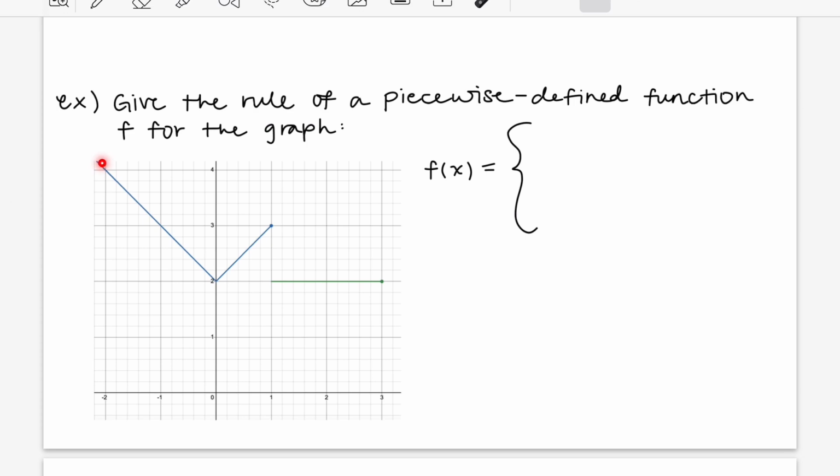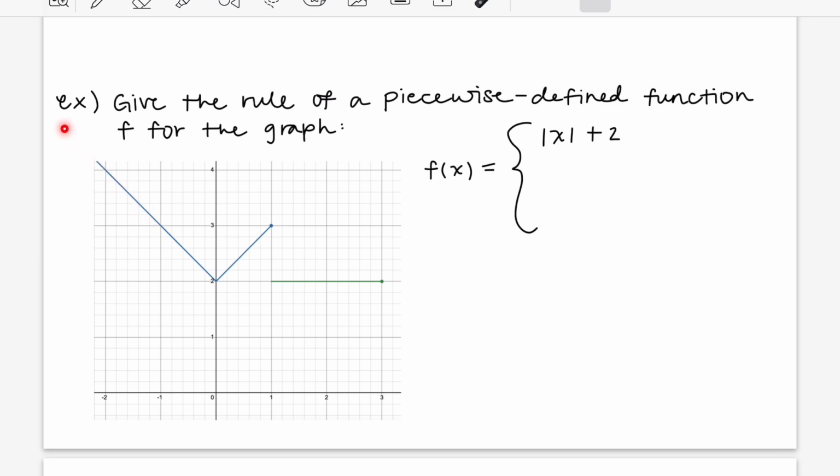The first thing I see is that we have the absolute value function, and it looks like it's shifted up 2 units. So this tells me this will be our function. And then we want to look at the region where this is true. And it looks like we're going all the way up to negative infinity for our x values in this direction.